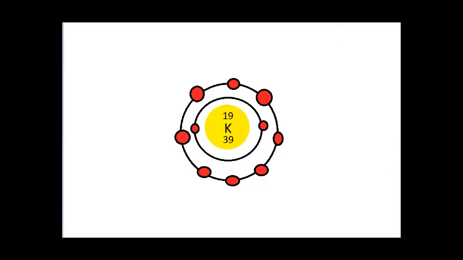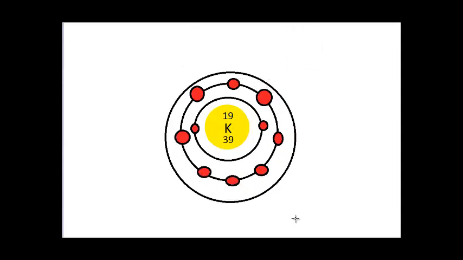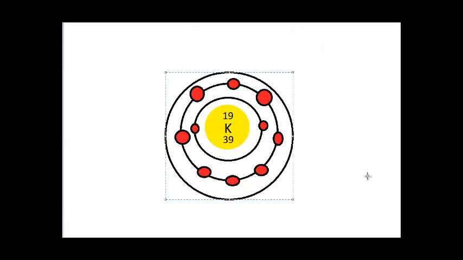So we are going to start another one of these. Go out one more. And we are going to start filling this particular shell. 1, 2, 3, 4, 5, 6, 7, and 8.